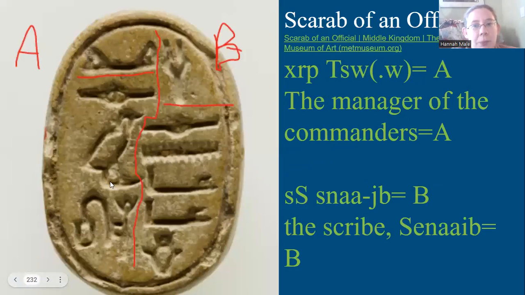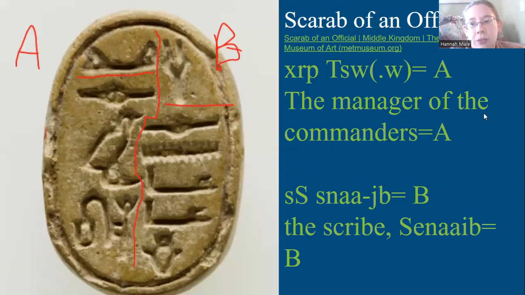So this is an example of a Middle Kingdom scarab or amulet of an official, because a lot of these amulets are in the form of a scarab, that beetle, which, like I was talking about, for the Egyptians symbolized renewal. This is one that's in the Metropolitan.